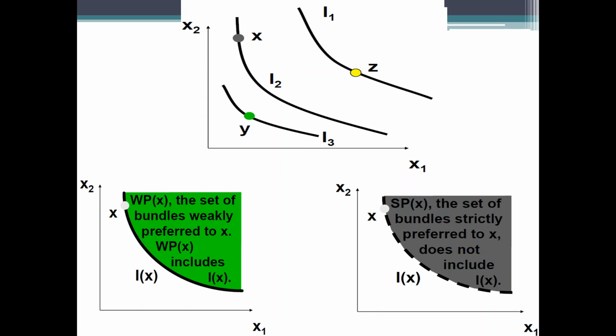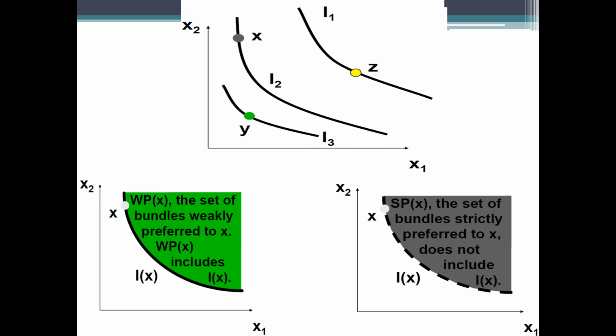Looking to the second, left diagram, you also have an indifference curve, and the green part is called the indifference set. This indifference set, can we call it strictly preferred or weakly preferred? As you can see, it is the set of bundles that are weakly preferred to the bundle X that exists along the indifference curve. Why do we say that they are weakly preferred, at least as good as X?